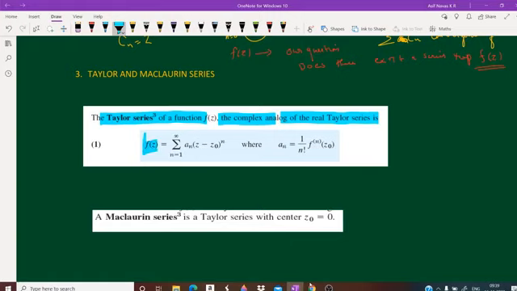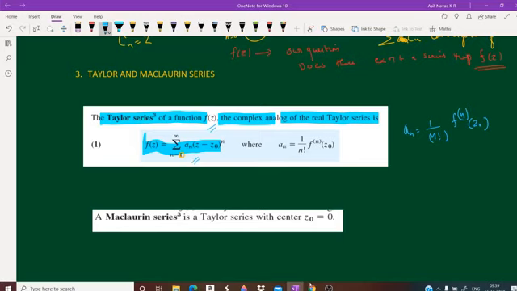Okay, f of z is equal to sigma n equal to 0 to infinity a n times z minus z naught all power n. So what is a n? Here a n is 1 by n factorial times the nth derivative of f at z naught. So if you are given f of z, then we can find the Taylor series expansion of any function by using this formula.